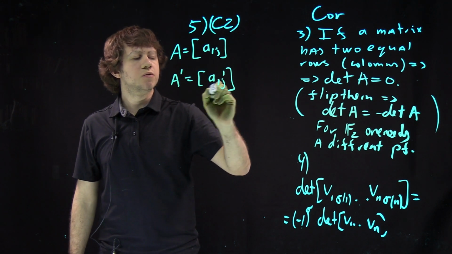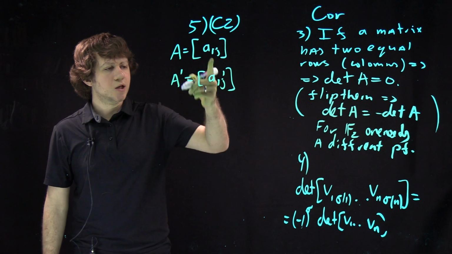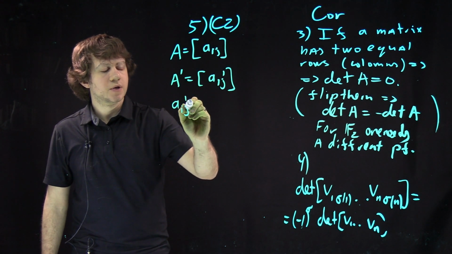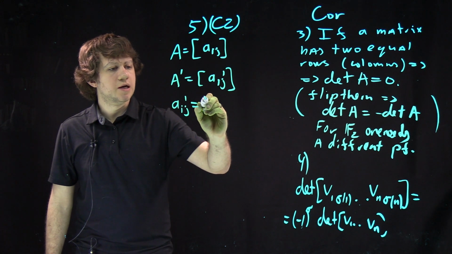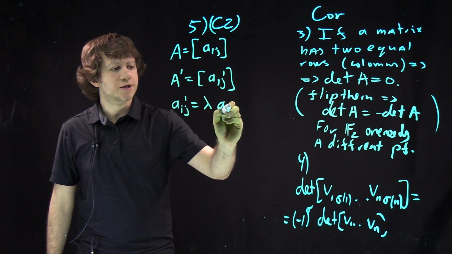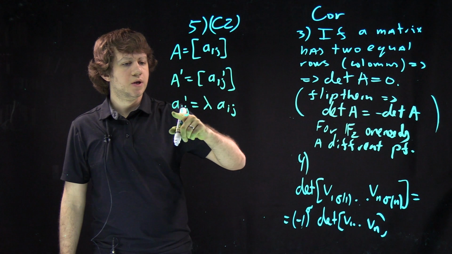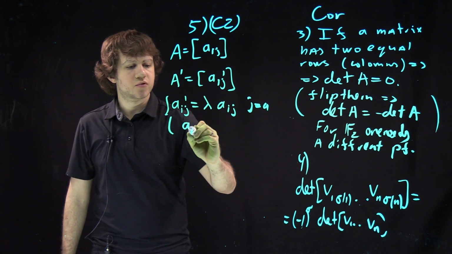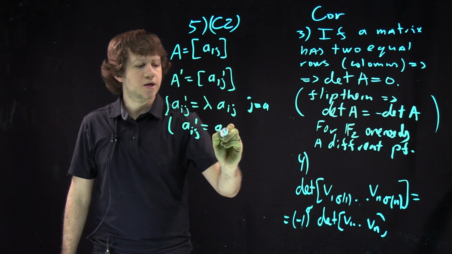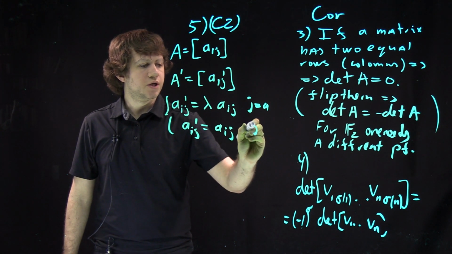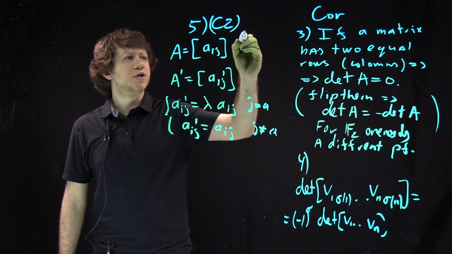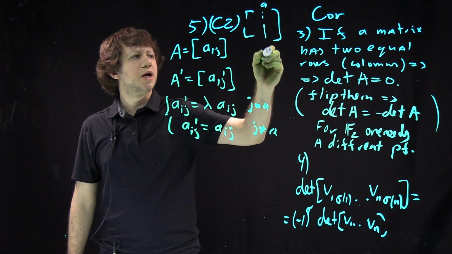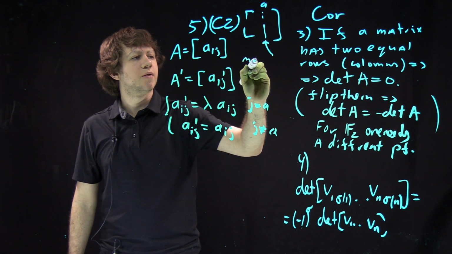What we do is we just rescale one of the columns. So Aij prime equals lambda Aij for the column j equal to some number A, and Aij prime is Aij for j not equal to A. This is the operation corresponding to A's column. So you take A's column and you multiply it on lambda.